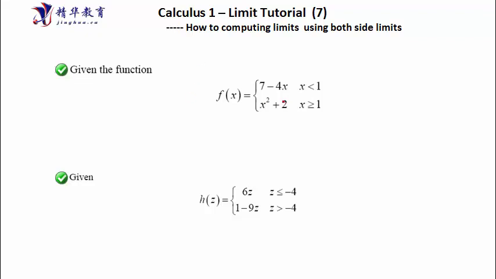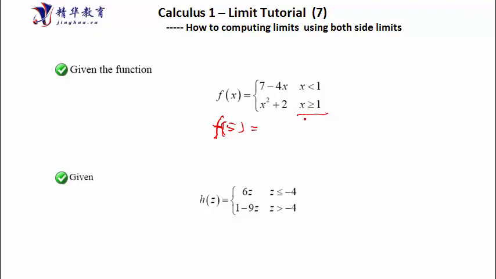For example, this question: what is f(5) equal to? Say we got input x equal to 5. Which function we should plug in depends on which condition is satisfied. x equal to 5 satisfies x bigger than 1, right?